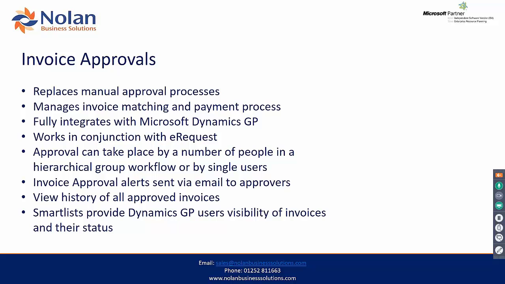The email can have a link that takes you directly into IRRI Quest, and the user can just click on the link, go straight to the invoice approval screen and approve the invoice. Within GP, you can see the history of all approved invoices, so you can see who's approved them and when they were approved.